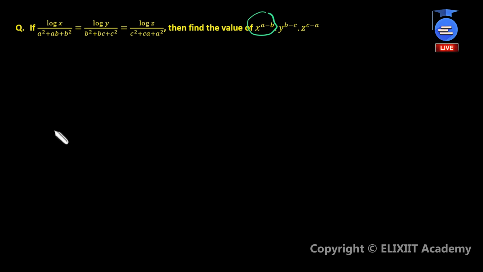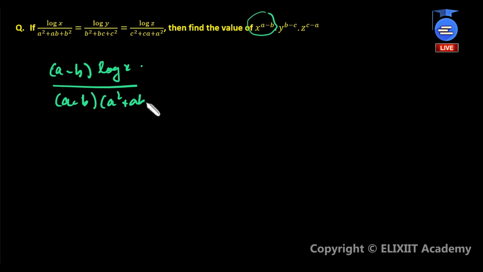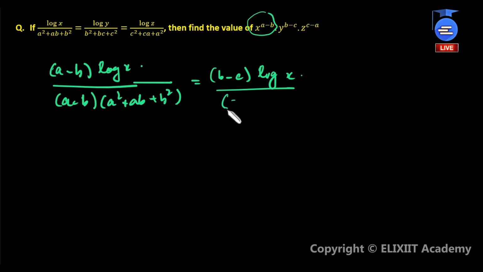So one idea will come to your mind: I take (a minus b) log x and divide by (a minus b)(a square plus ab plus b square). Same thing goes here, similar concept, b minus c. Why will I take this? Because if I take this over here, it becomes log x to the power b minus c.